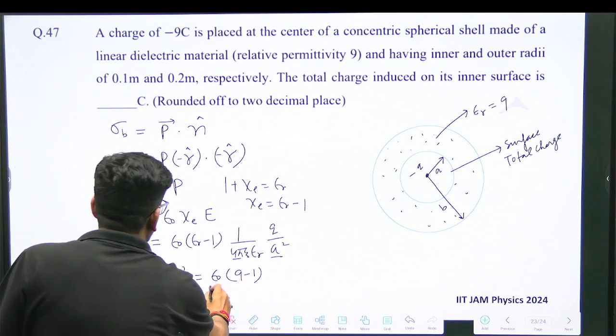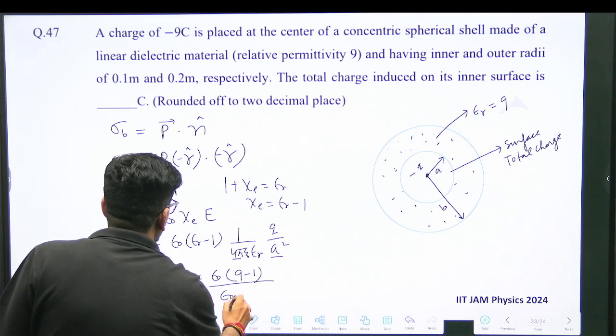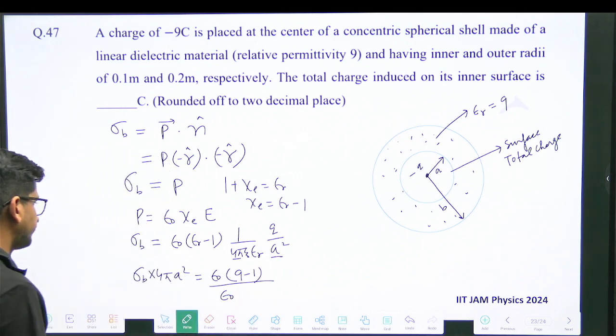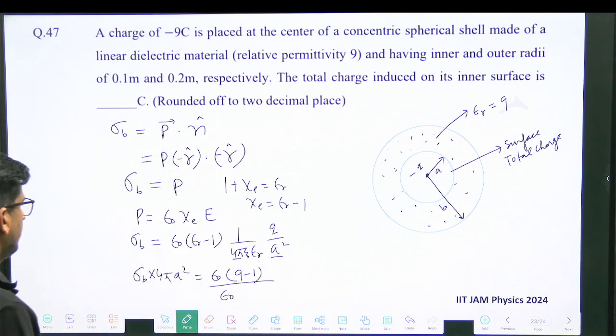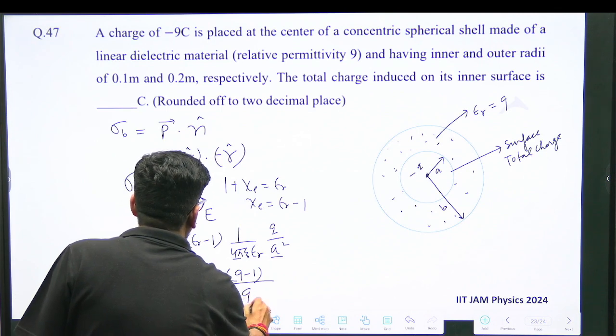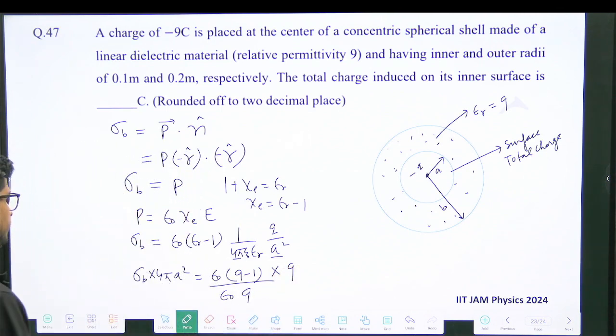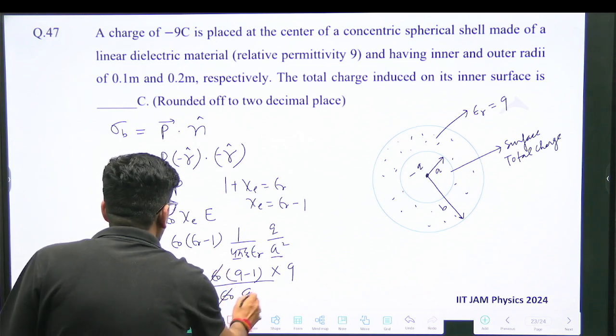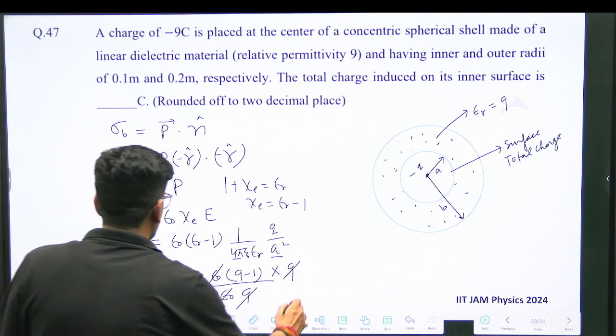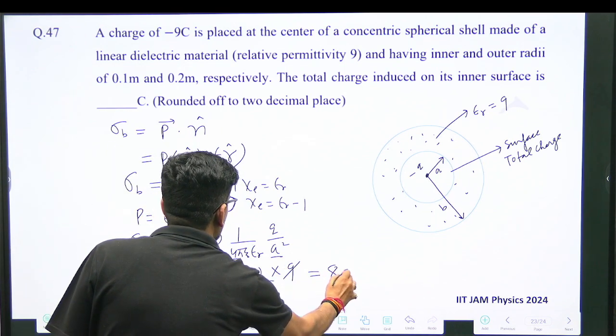So upon epsilon naught, what is epsilon R? Epsilon R is 9, into 9. So epsilon naught cancels, 9 cancels, it is just 8 coulomb.